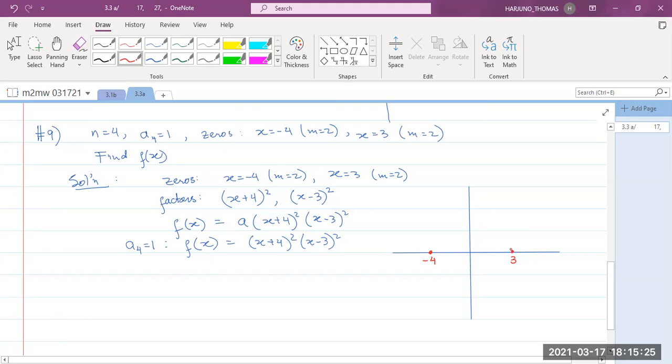You can see the y-intercept later on will be (0, 144). But how do you get that? The y-intercept is when you plug in x equals 0. You get 4 squared times negative 3 squared. That's 16 times 9, that's 144.